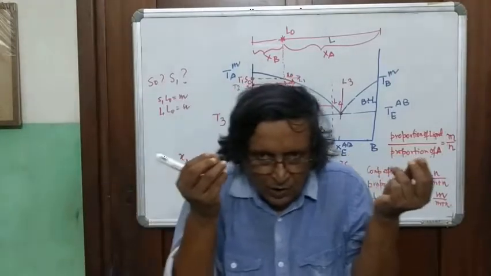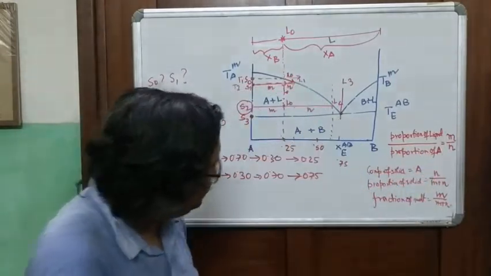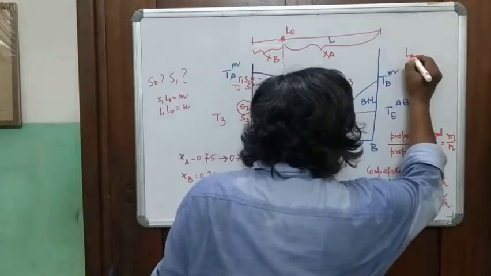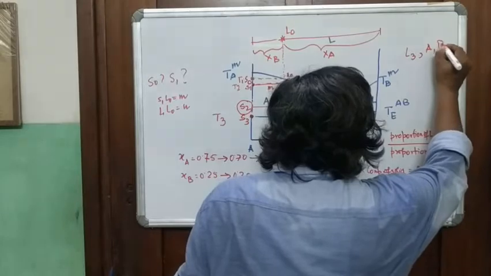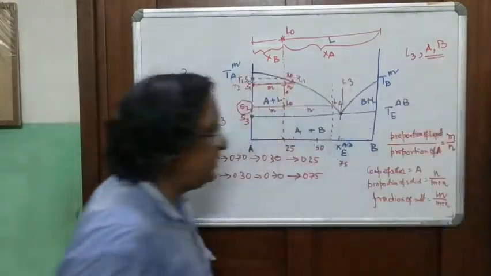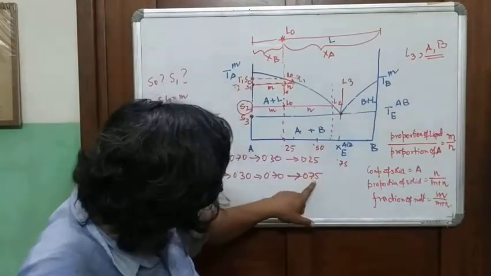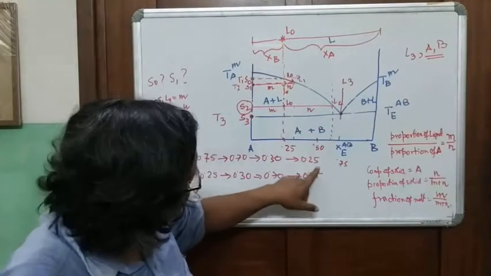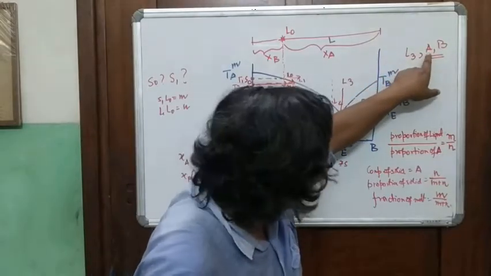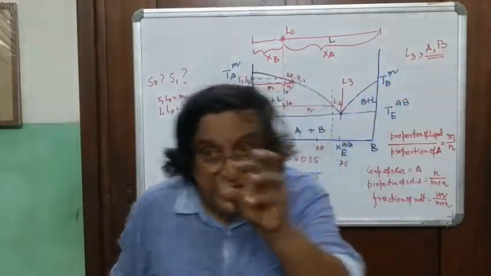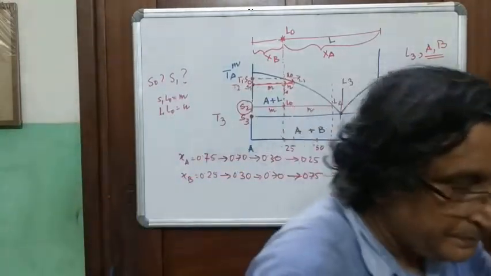Now at this point, what is an equilibrium? The liquid L3 will be in equilibrium with A and B. These will be the three phases. Liquid L3 of composition XB 0.75, XA 0.25 plus pure A plus pure B. These are the three phases that are in equilibrium.